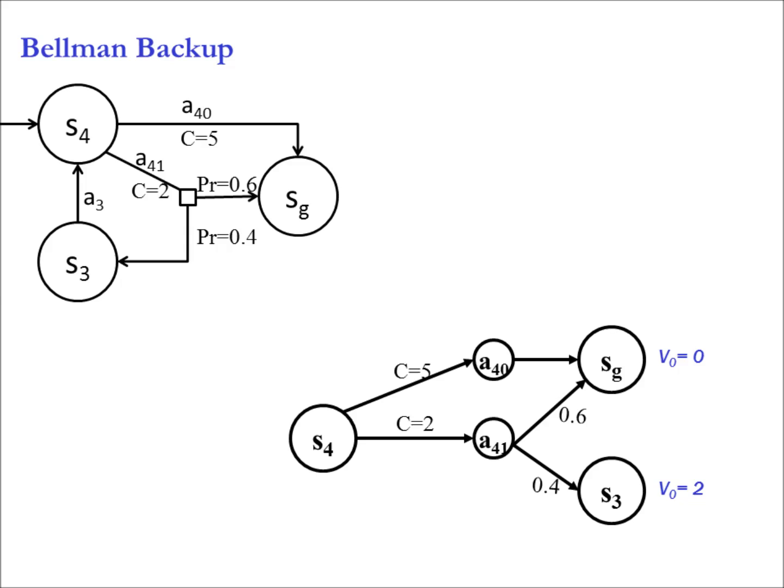I can take action A40 or action A41. Action A40 costs 5 and gets me to the goal. Action A41 costs 2, with 0.6 probability gets me to the goal, and with 0.4 probability gets me to S3. So what is Q of S4, A40?